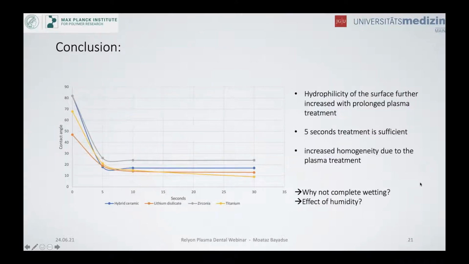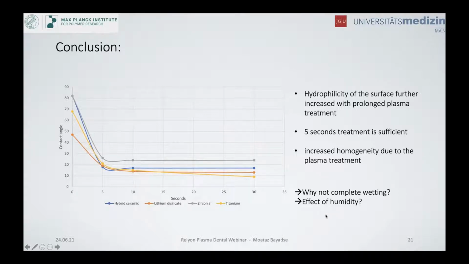So our conclusion is that the hydrophilicity of the surfaces increases with further plasma treatment, but not on all of the samples, especially not on zirconia and hybrid ceramic. But what we can see and interpret is that after 5 seconds we have a high reduction of the contact angle, and 5 seconds seems to be a sufficient treatment time to get good wettability on the surfaces.